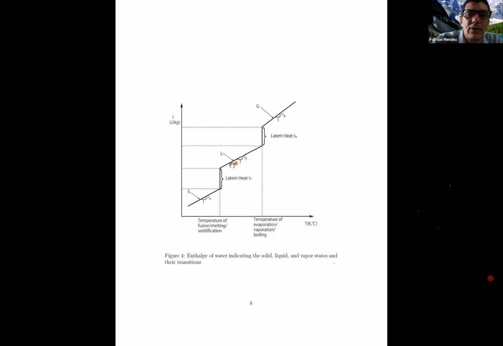The temperature of the water increases with more temperature. Now, if the temperature reaches boiling point, then it evaporates. And if the temperature is too cold, then it solidifies and becomes ice. So at this point, all I'm saying is that specific heat is the slope of the curve of enthalpy versus temperature.